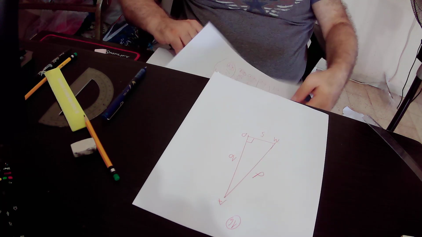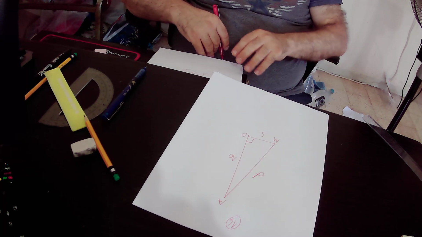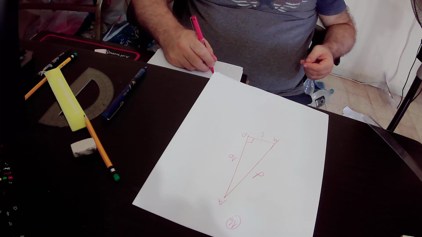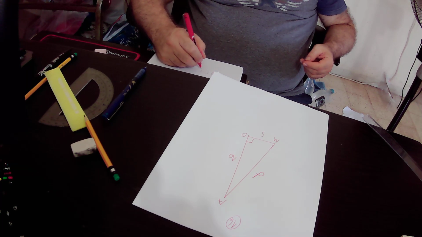Or in terms of numbers, we can write that r equals 5.59 units.